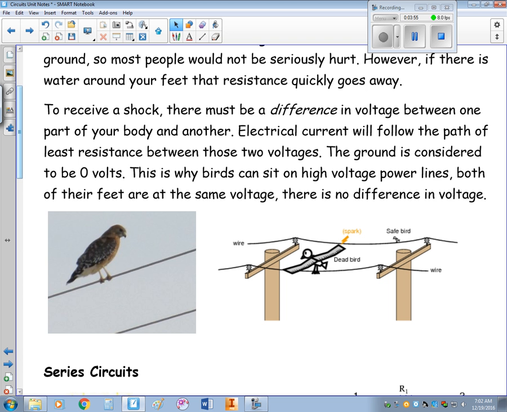So to receive a shock, there must be a difference in voltage between one part of your body and another. Electrical current will follow the path of least resistance between those two voltages. The ground is always considered to be 0 volts. Now this is why birds can sit on high voltage power lines with both of their feet on the same voltage.